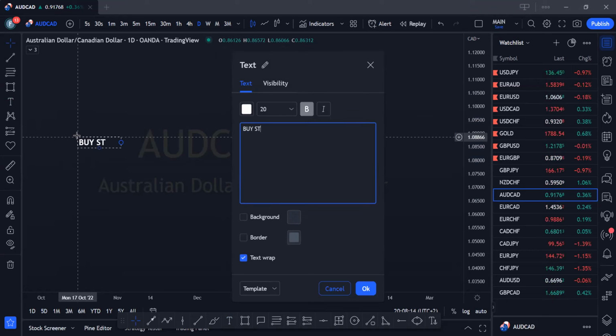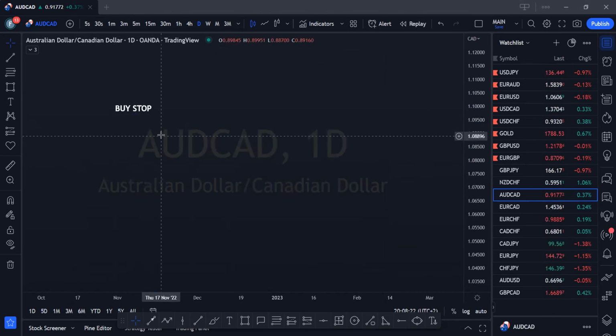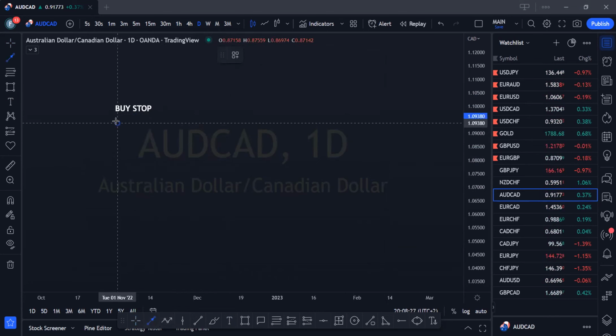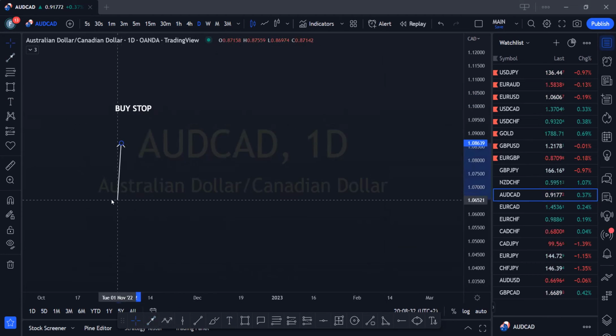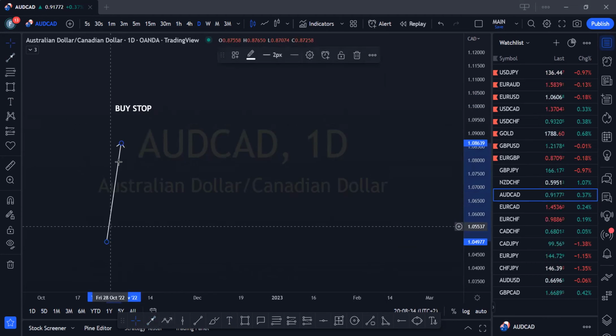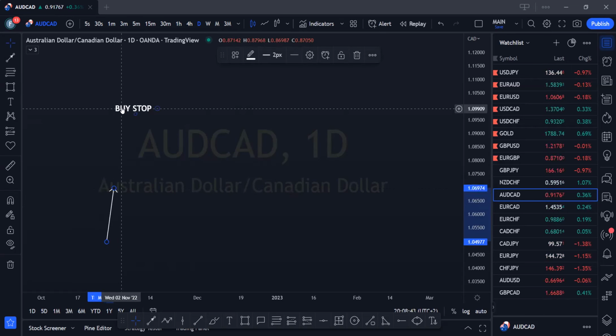So for a buy stop order, price has to be going up. So if price is going up, you want to buy, so buy stop.